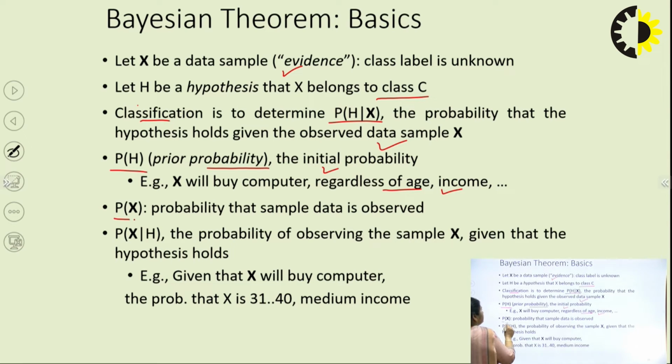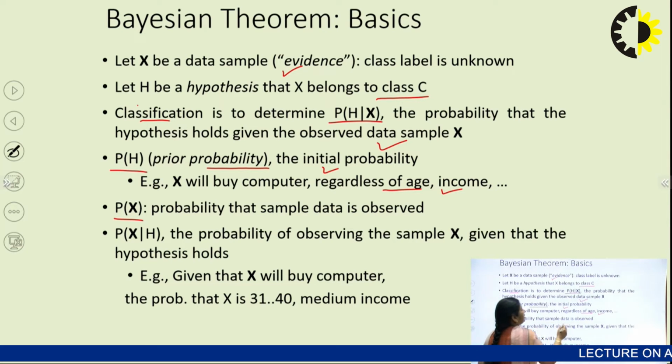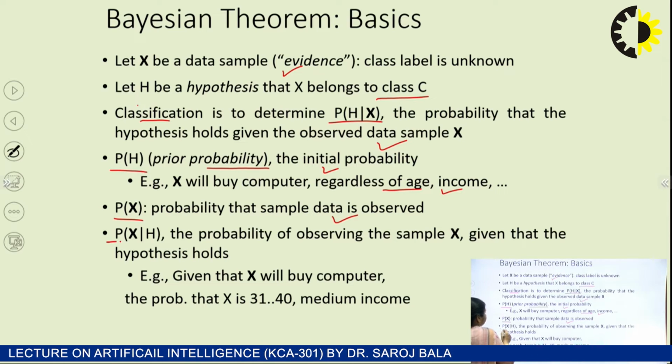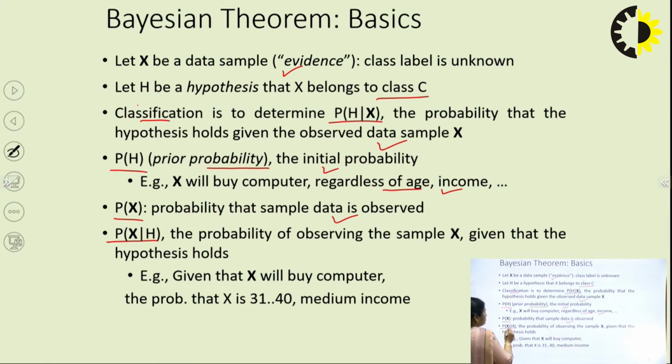What is P(X)? P(X) is the probability that the sample X is observed. Now see, this is conditional probability: probability of X when H is there. It is the probability of observing the sample X. That was the probability of hypothesis H when X was observed. Now we are asking what is the probability of that observation when the hypothesis is already there.